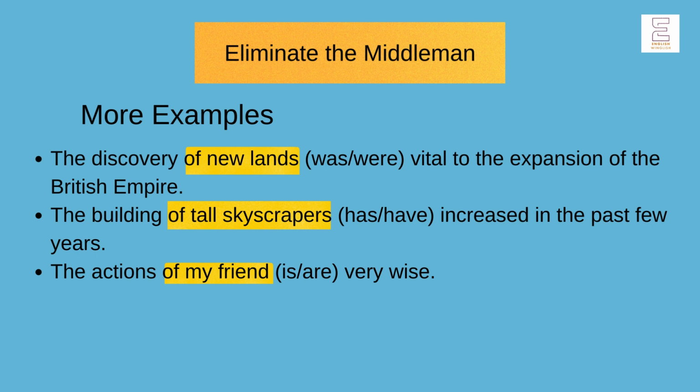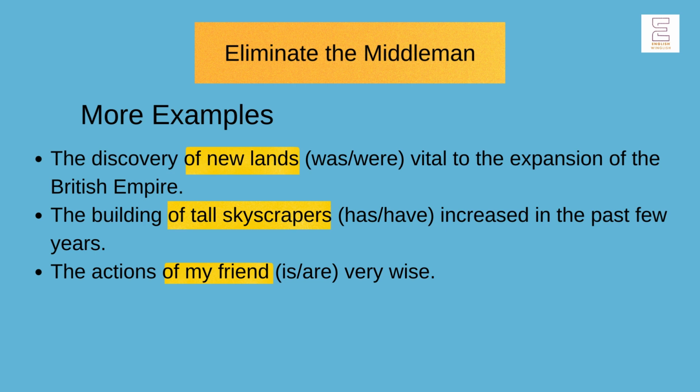Now let's see the first sentence. The discovery of new lands was or were vital to the expansion of the British Empire. The British Empire wanted to expand. So the discovery is important.